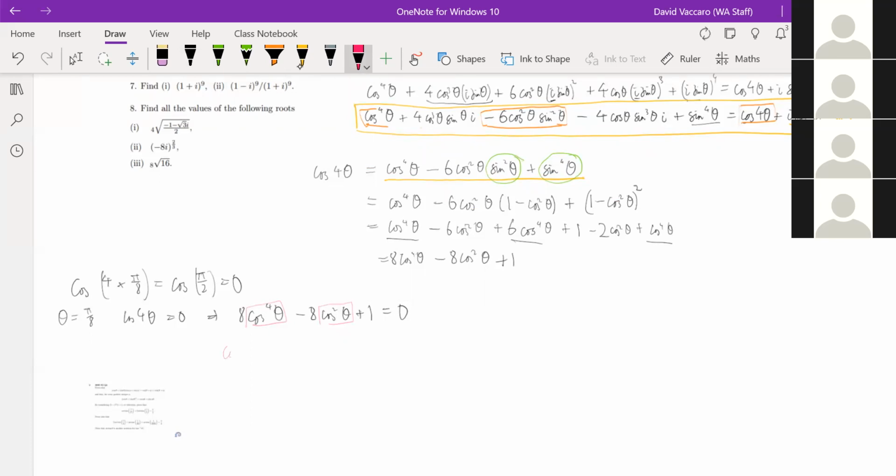So I've got cos squared theta is equal to 8 plus or minus the square root of 8 squared, which is 64, minus 4 times 8, which is minus 32, all over 16, which is then 8 plus or minus the square root of 32 over 16. The square root of 32 is the same as 4 root 2.